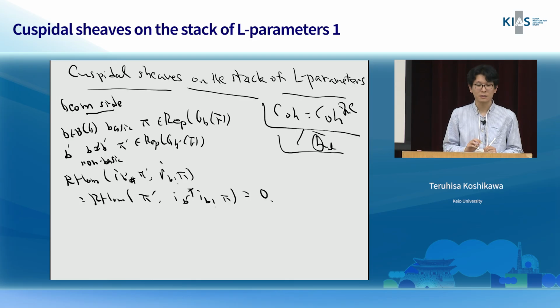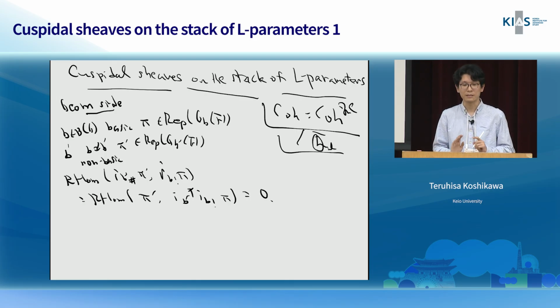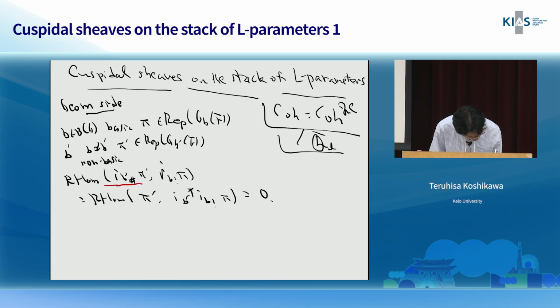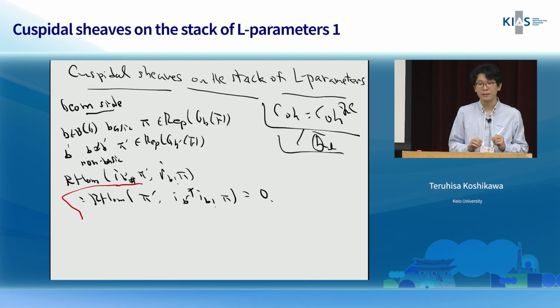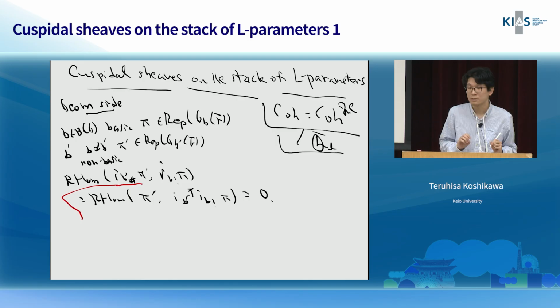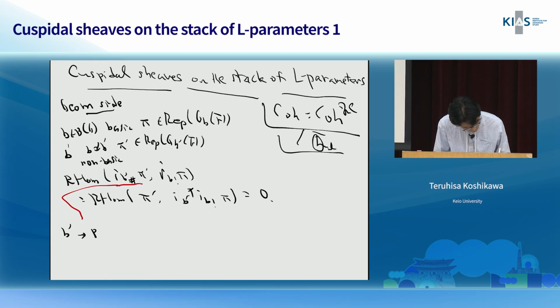I'm not sure geometric Eisenstein sheaves were discussed enough, but the source of this functor is a particular case of the Eisenstein series. So b prime provides some parabolic subgroup P_b prime, and also the Levi subgroup.